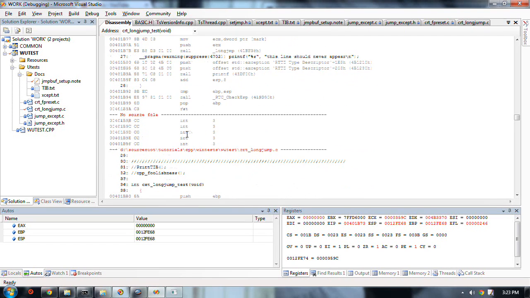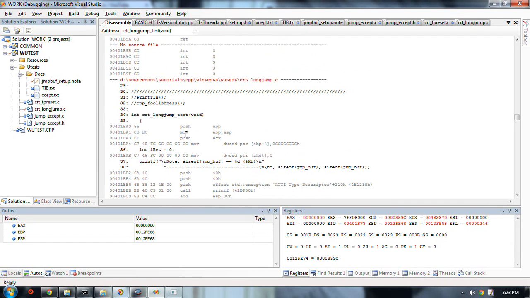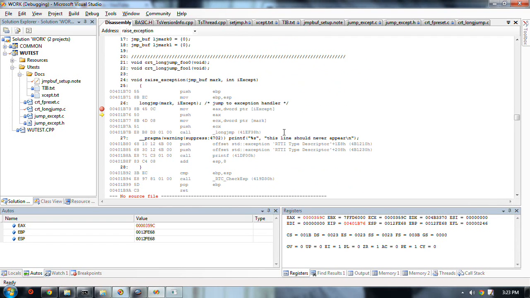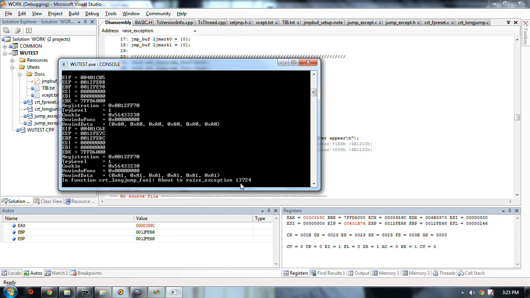That's not where I am in the code. Okay, get rid of that then. So now we're moving into AX the exception number, which is, I don't know what it is. I do. It's 13724.